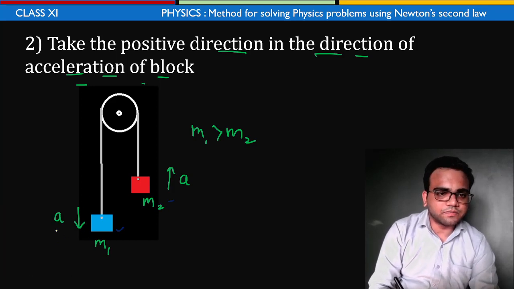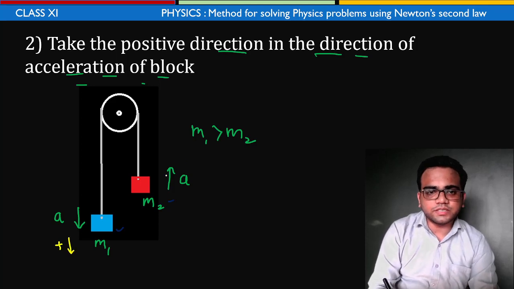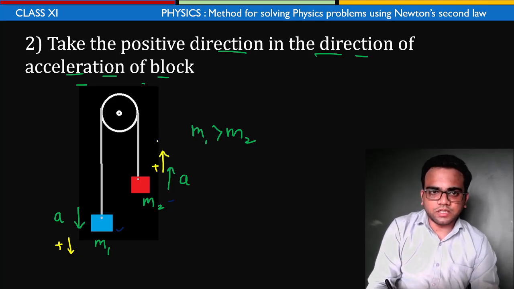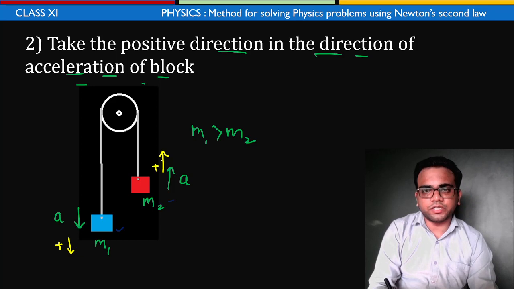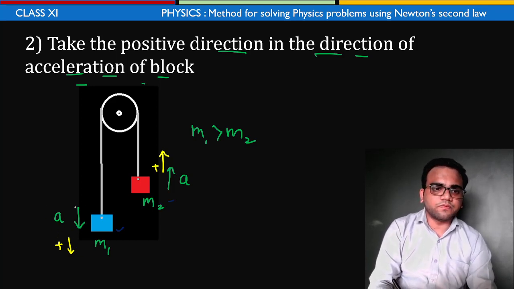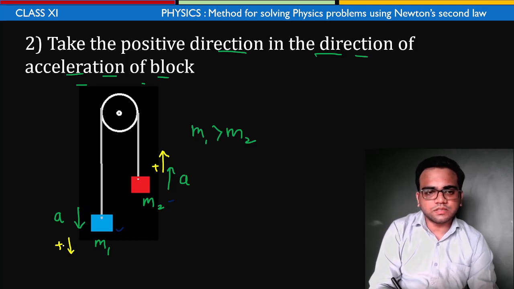For this system the positive direction is this direction, and for that system the positive direction is upward. The direction may be different for different systems. For the m1 mass the positive direction is downward, and for m2 the positive direction is upward.